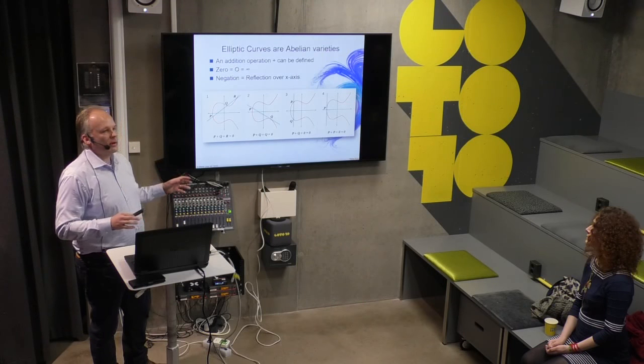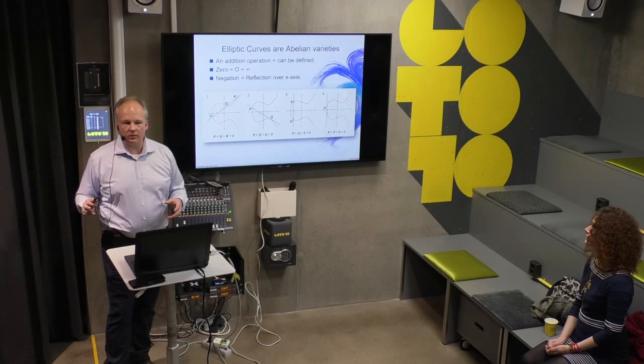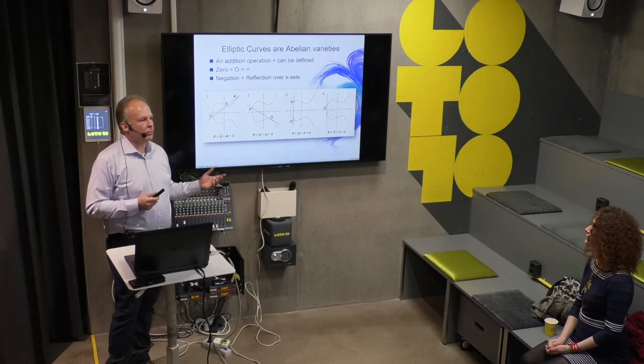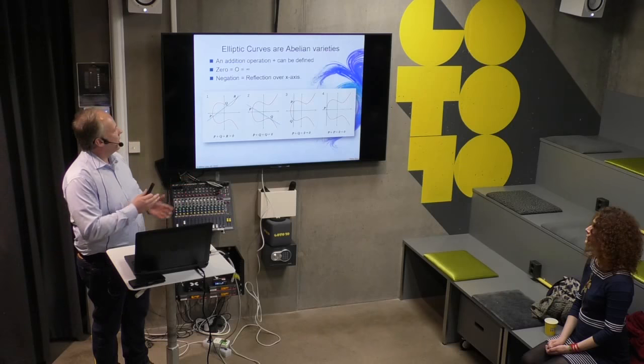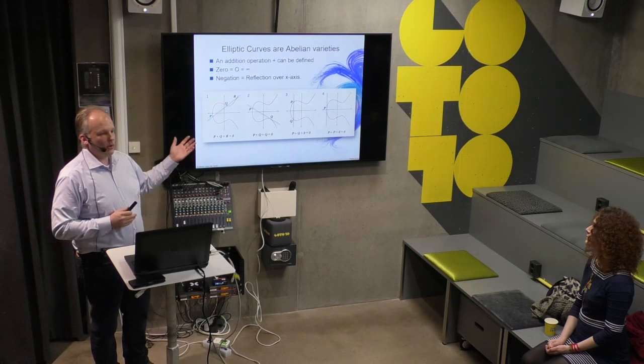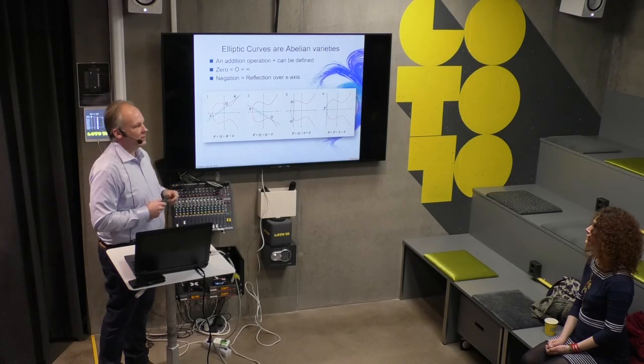So what you do is you find a way to add points. If you have 2 points on a curve, you can always find a third point, because it's a cubic curve. An intersection with a line always gives 3 points if you include infinity as a point.